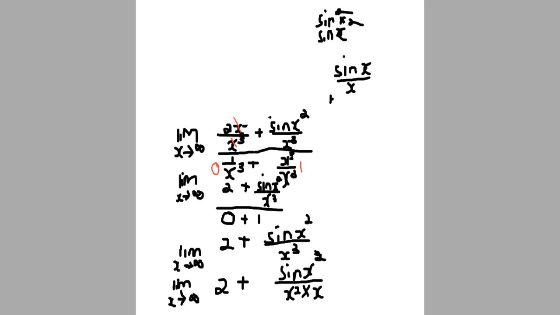That's just what we have here: sine x squared over x squared. Isn't it? Sine x squared over x squared is just like sine x over x, because our x squared here is just as the x squared in the denominator.